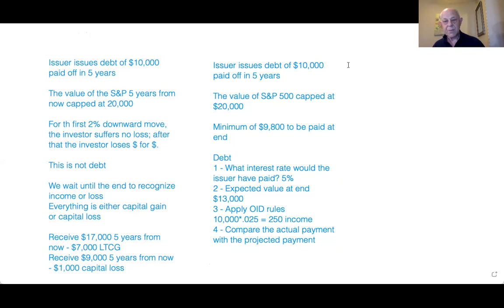So let's put the projected payment was $13,000. Well, if the projected payment was $13,000 and it's the day before the projected payment, we've accrued $3,000 of ordinary income under the OID rules.